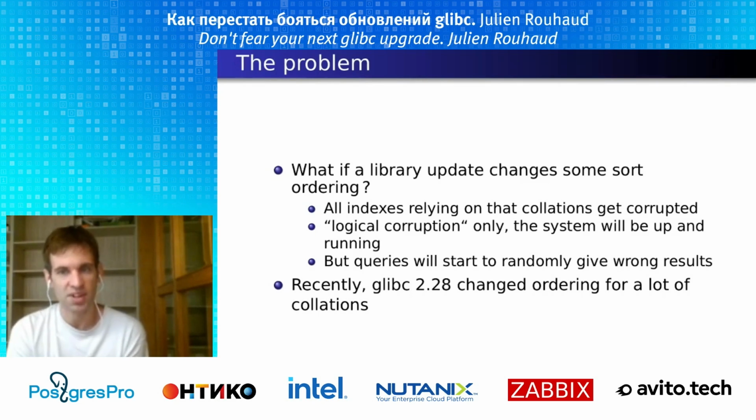And one problem with that is it won't be a physical corruption, which would be immediately spotted with some hard errors. It will be some kind of logical corruption, and this can be hard to spot, because the outcome is that queries will start to randomly give wrong or different results depending on how the index is internally created, or whether the index is used or not.